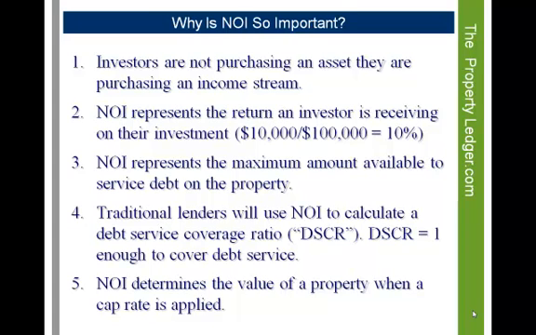Fourth, traditional lenders typically look at the NOI to calculate a debt service coverage ratio. We're going to get into this in more detail in future videos, but the debt service coverage ratio is nothing more than the NOI divided by your debt service. And to the extent that you have a debt service coverage ratio of 1, that means that you're generating sufficient revenue to pay your debt service.